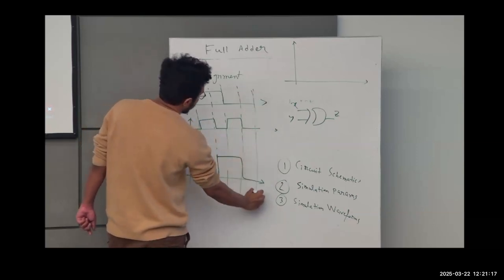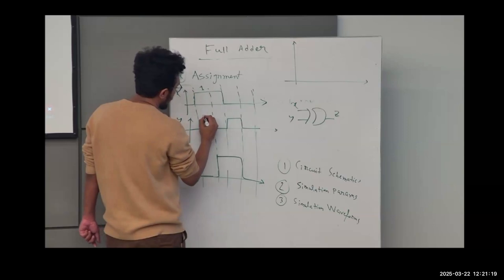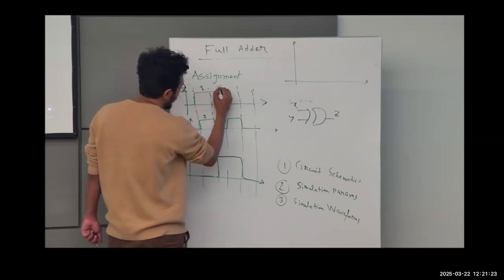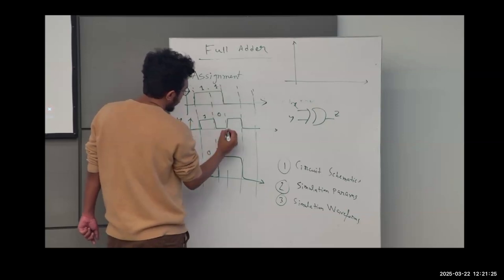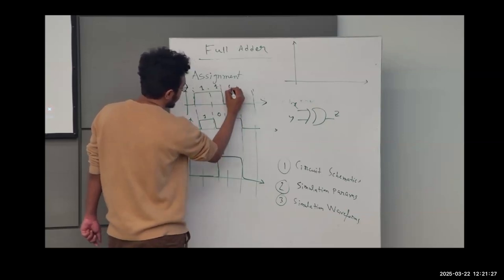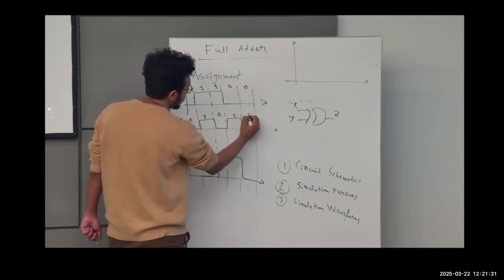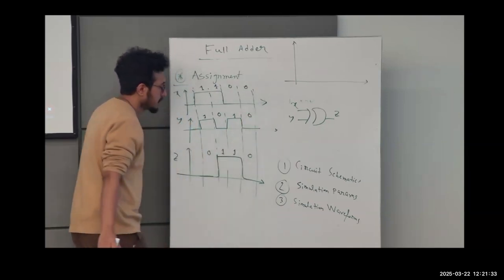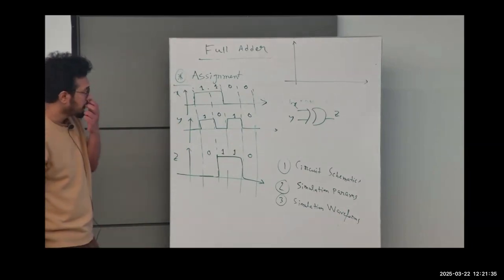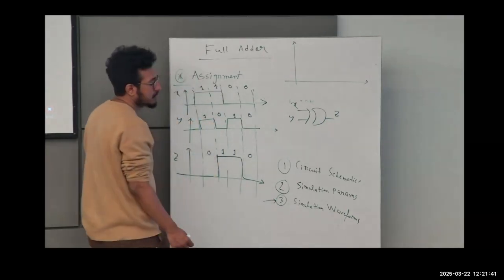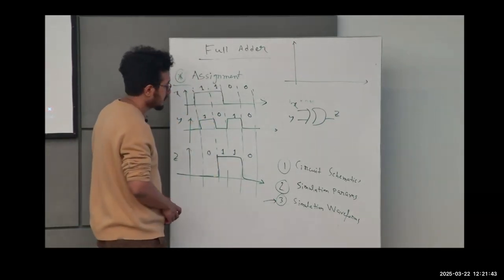You already know: when we have 1, 1, you have 0. When we have 1, 0, you have 1. When we have 0, 1, we have 1, and when we have 0, 0, we have 0. So this is the simulation waveform of the XOR gate that you should provide in your assignment submission.